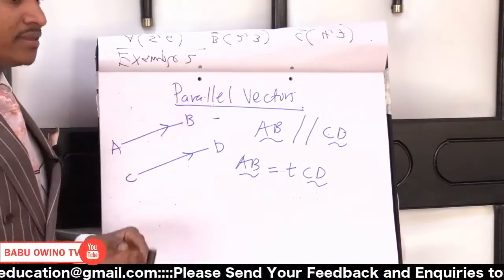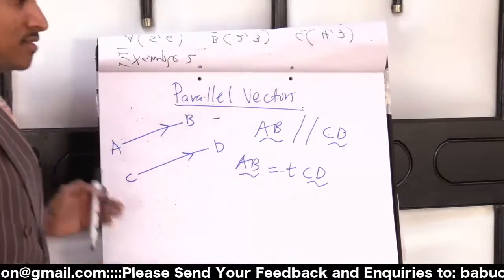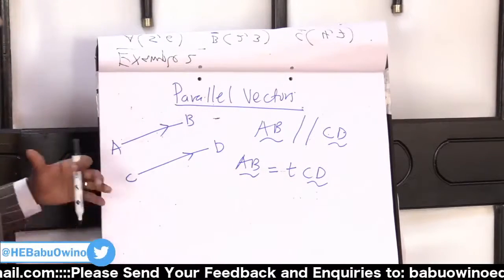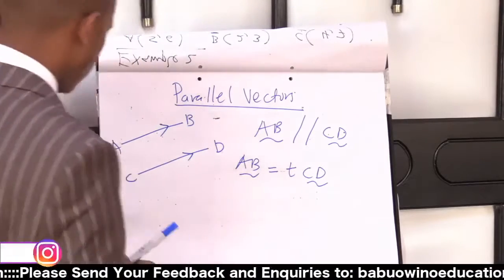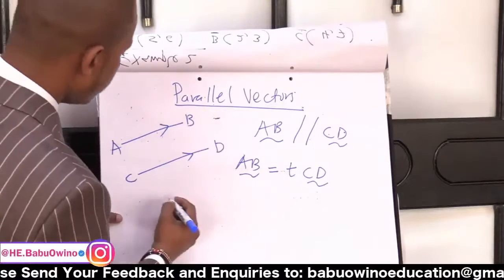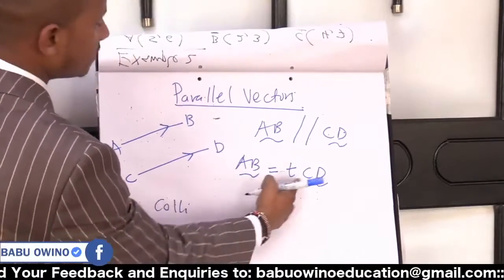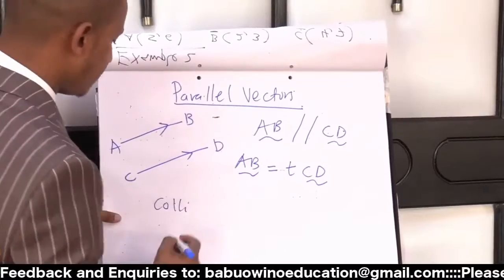So I will combine this with collinear points by giving examples. Then you see how I solve the questions and it will ring a bell. So we go to collinear points. Just put this at the back of your mind, we are going to use it down here.